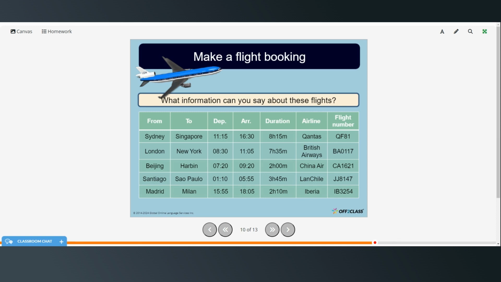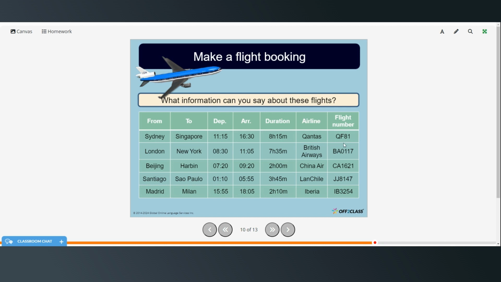and the flight number. So we have a flight from Sydney to Singapore, departs Sydney at 11:15, arrives in Singapore at 16:30. The duration of the flight is 8 hours and 15 minutes. It's on Qantas Airlines, and the flight number is QF81.